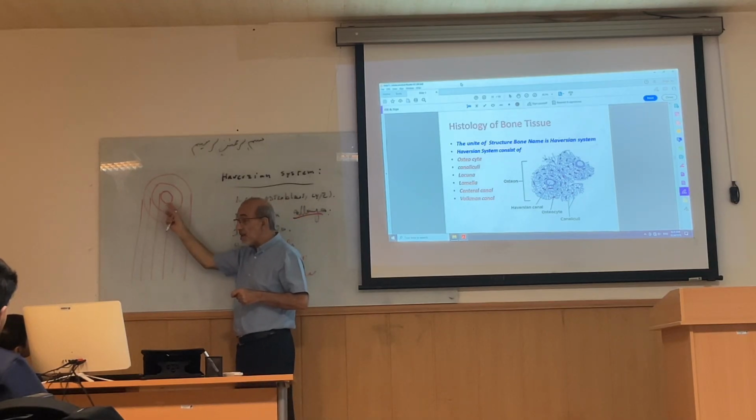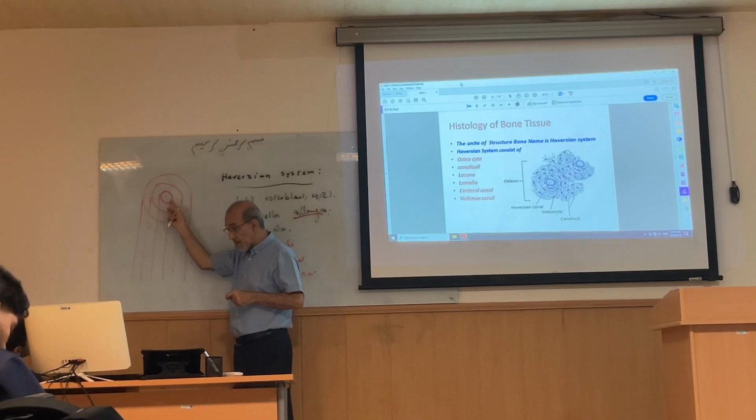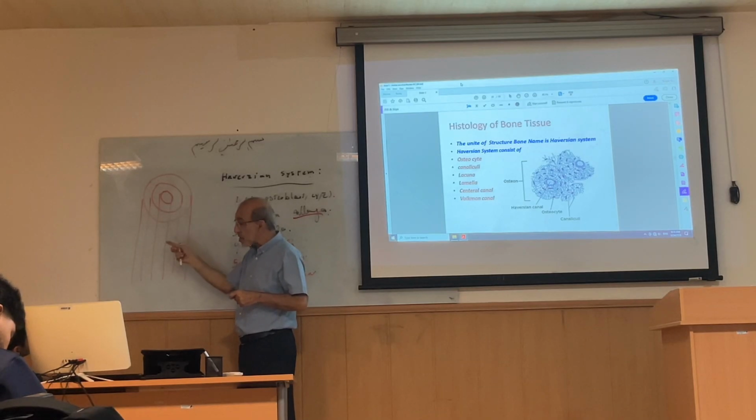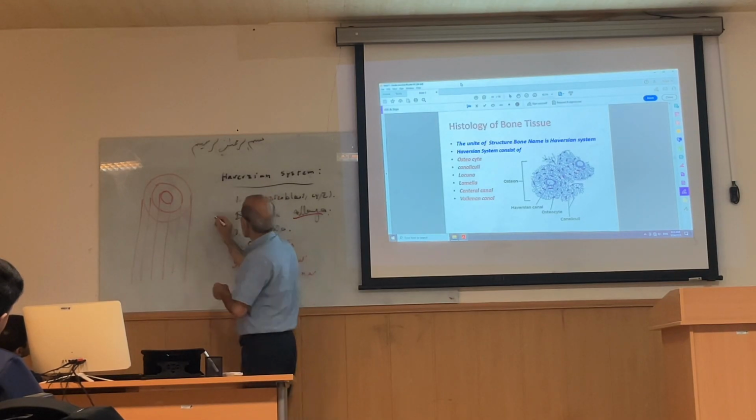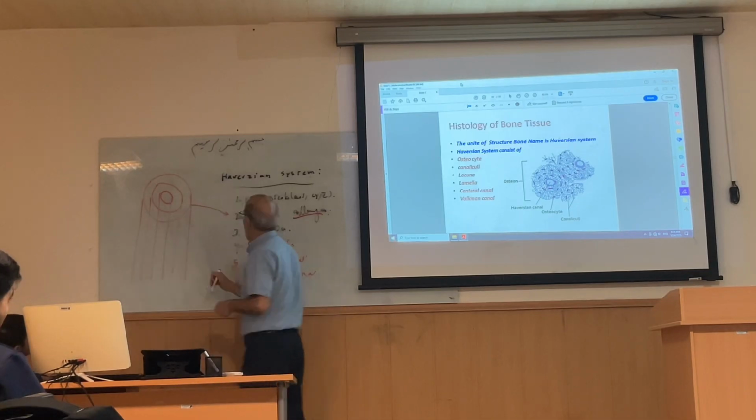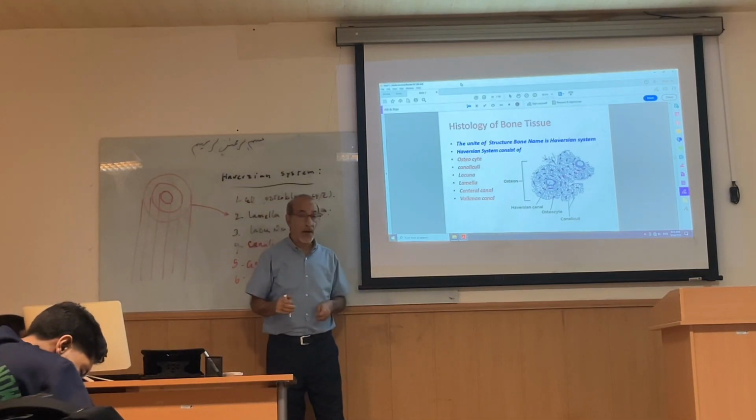Central ones have a very small diameter of circular form. This is a Haversian system. What is this? This is lamella.